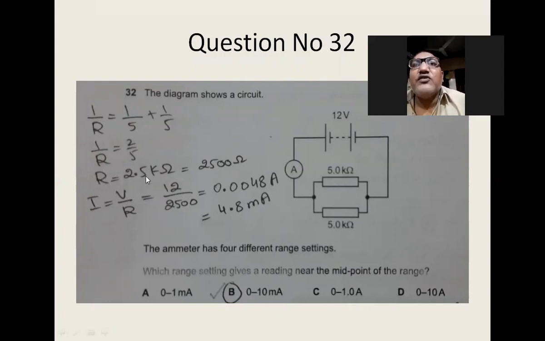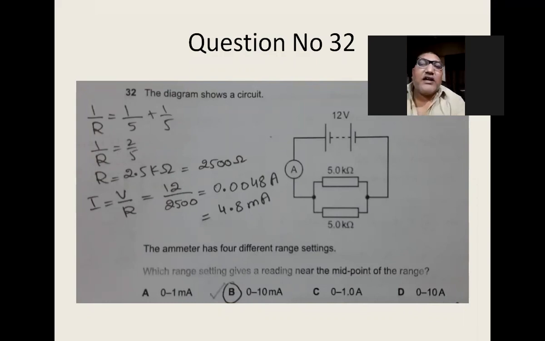So R will be equal to 2.5 kilo ohm, which means 2500 ohm. So the total resistance of this circuit is 2500 ohm. And now the current coming from the battery is equal to the EMF divided by the resistance. So 12 volt divided by 2500 ohm. So the answer is 0.0048 ampere.